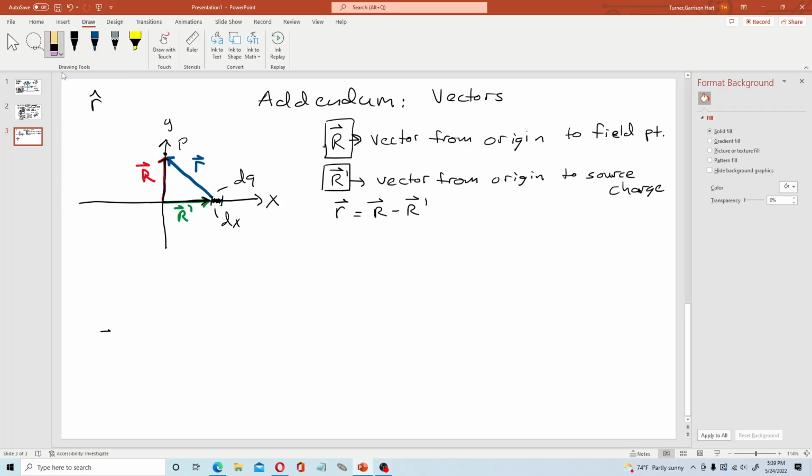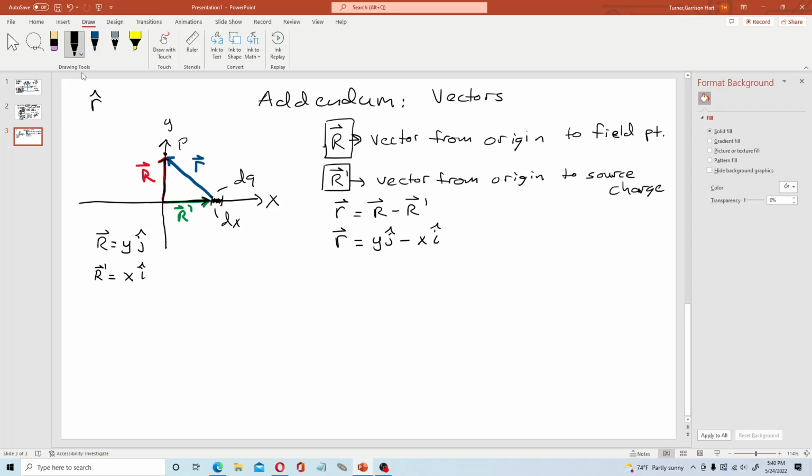And so, with that being said, in this case my r vector would be my y value, the height above the x-axis in the j direction, and r prime would be x in the i direction. And so r would equal y in the j direction minus x in the i direction.